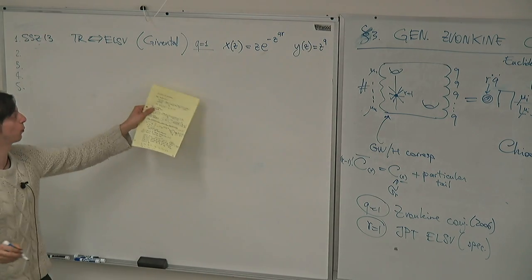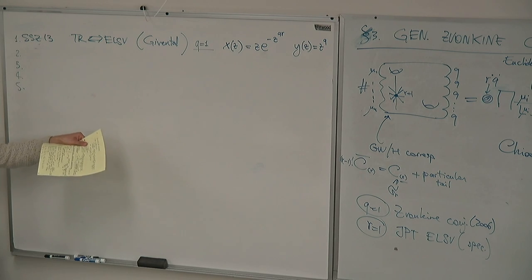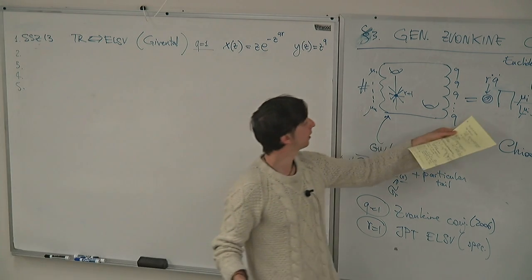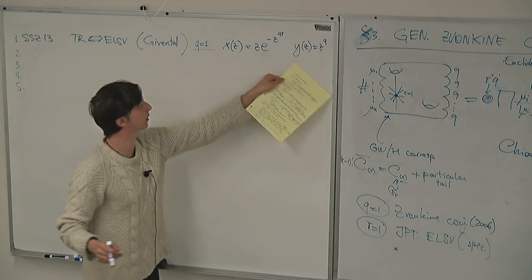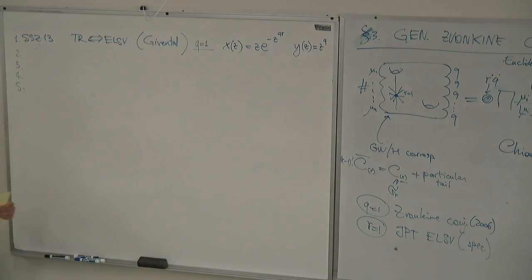So for q equal to 1, they proved that Zvonkine's conjecture is true if and only if this ELSV, with this spectral curve, gives you these numbers for q equal to 1.